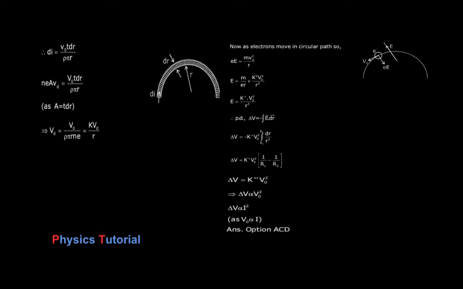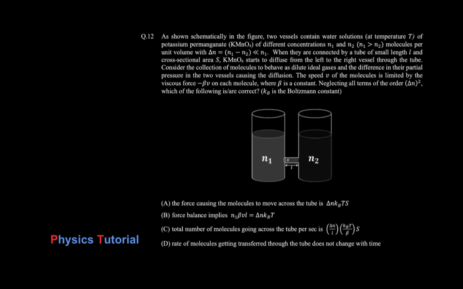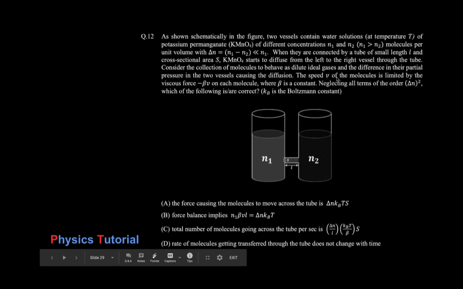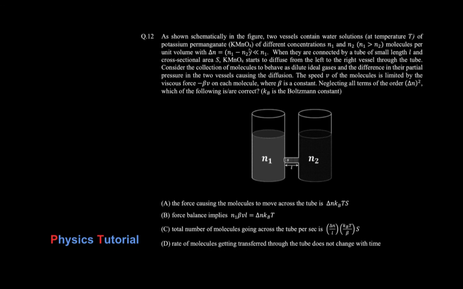So let's go ahead to another problem. As shown schematically in the figure, two vessels contain water solutions at temperature capital T of potassium permanganate KMnO4 of different concentrations N1 and N2 molecules per unit volume.